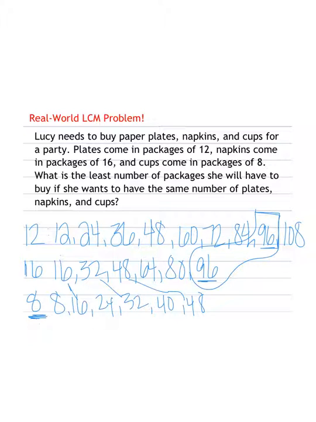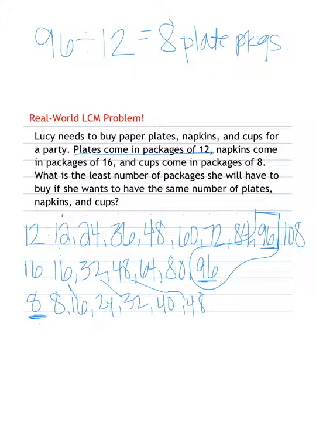So then it asks, what is the least number of packages? So if she needs to buy 96 plates, we would do 96 divided by 12. We can also see right here that one package is 12, 2 will have 24, 3, 4, 5, 6, 7, 8. So either way, you could have just counted out your multiples or did your division.